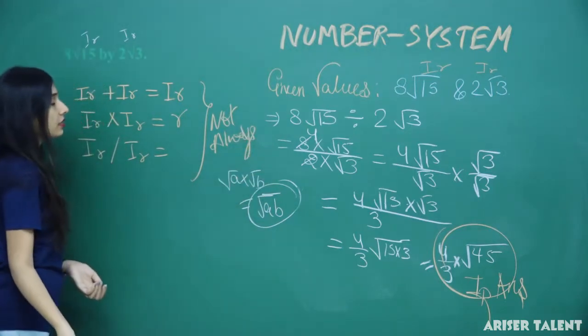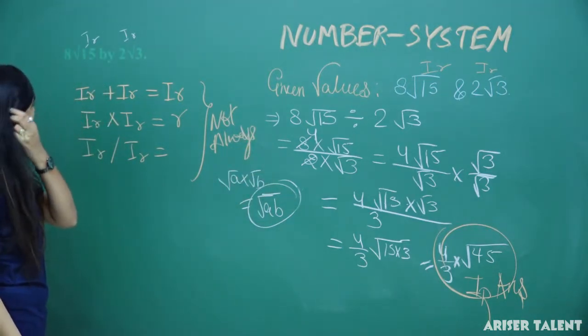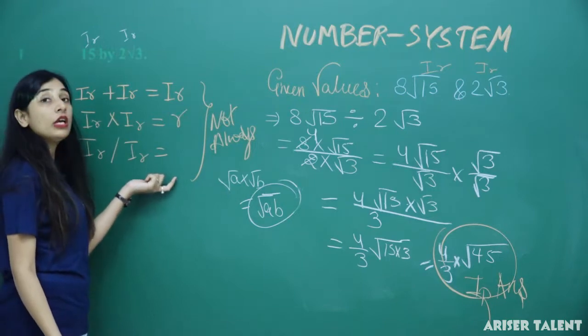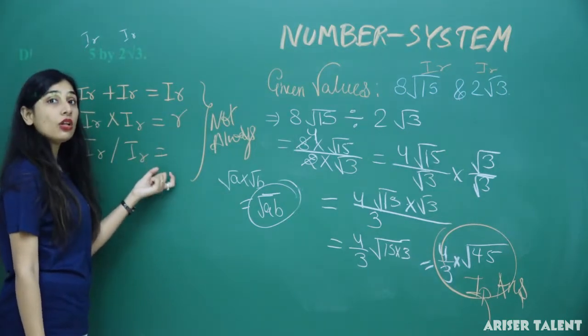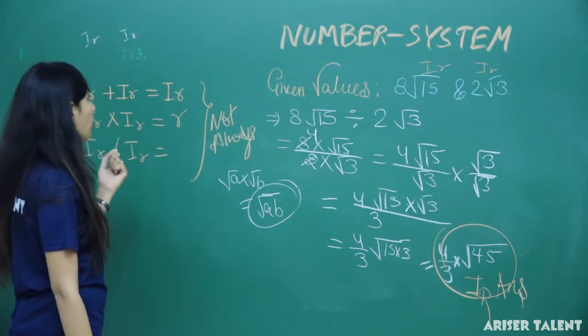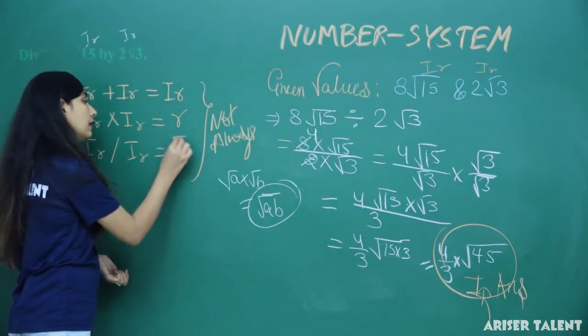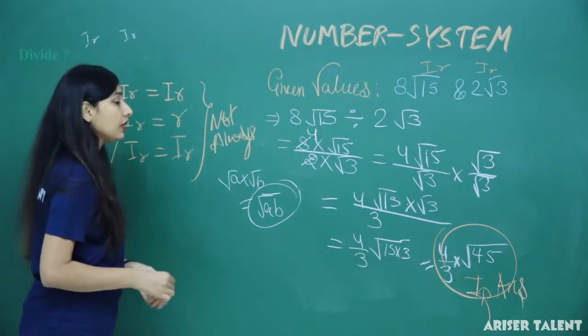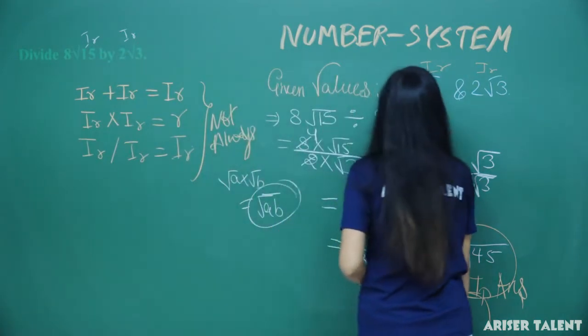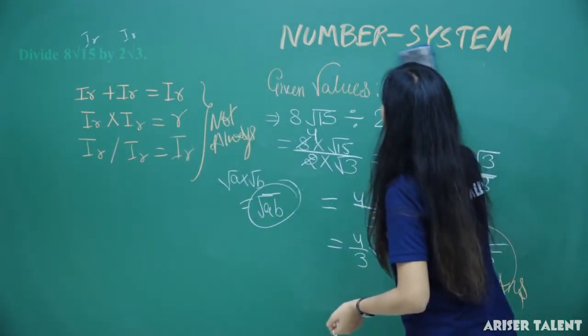We are just writing the conclusion that we are having in our questions. These are not always true. These are the only outcomes of our given questions, the possible outcomes. Okay, not always, right?